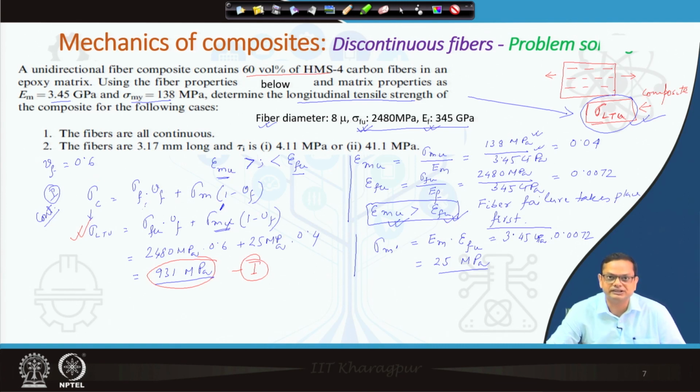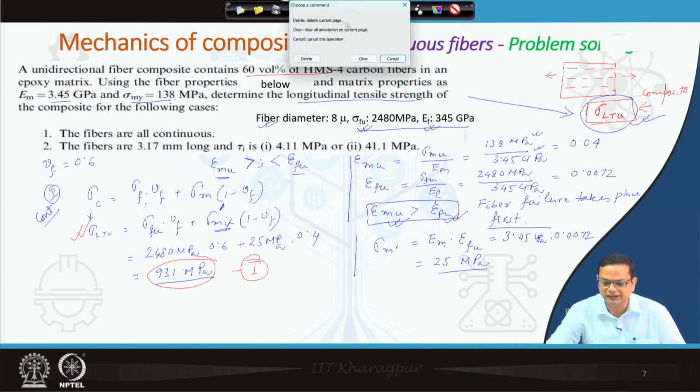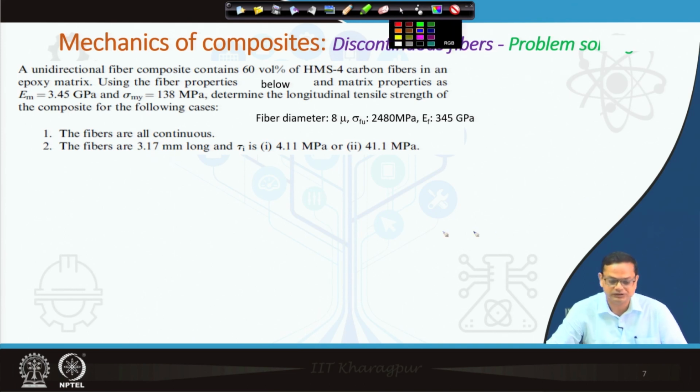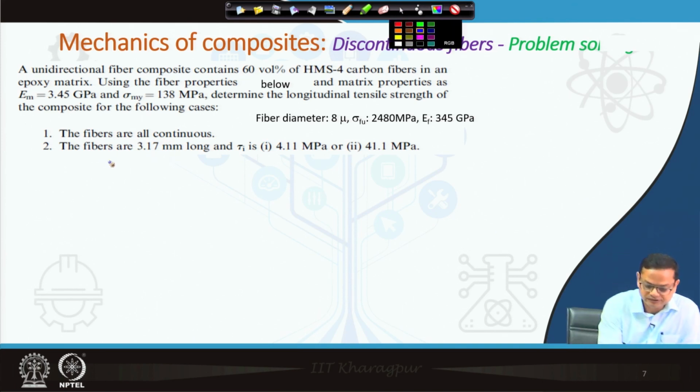Let me just erase these things from here, and then we go to the second problem. The second problem says the fibers are 3.17 millimeter long. So L_F is equal to 3.17 mm.